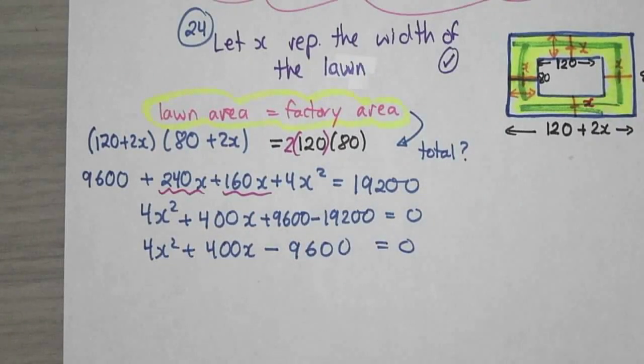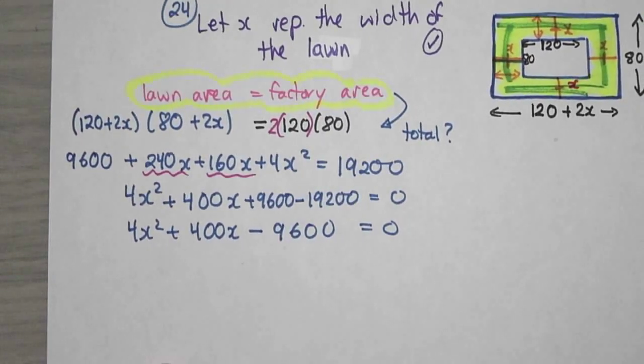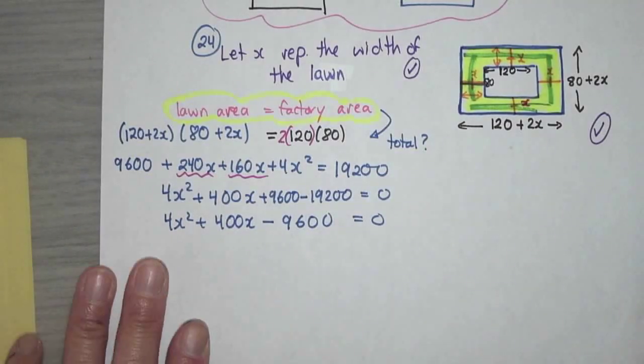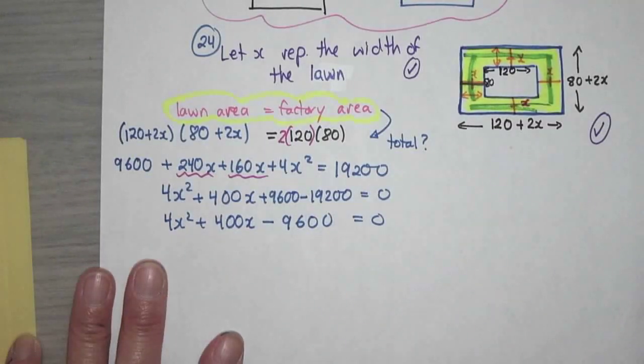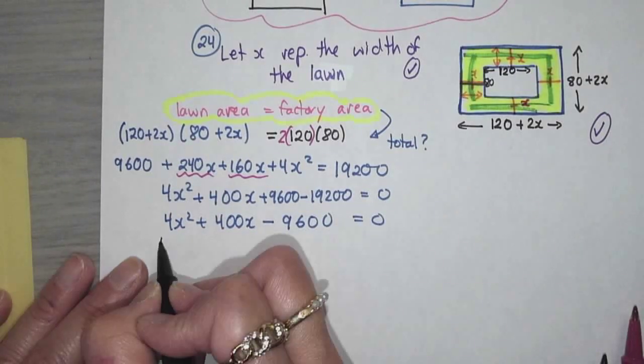Like that. And usually we can try to reduce. Can we this time or not? Can we reduce everything by 4? Yes, we can. 9600 divided by 4 does divide, so we got 2400. So we can factor out the 4 and cancel it.